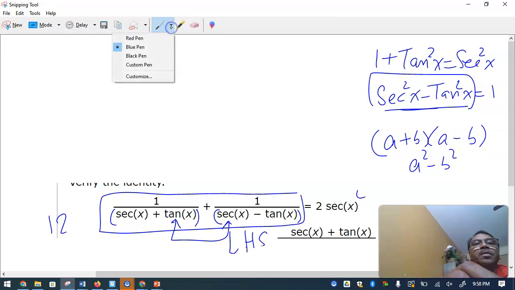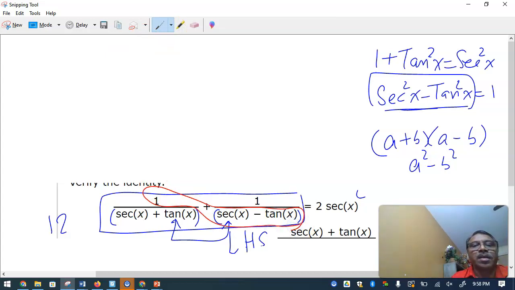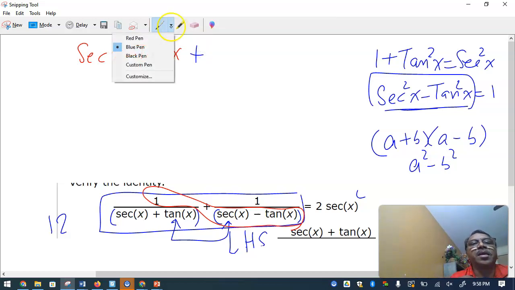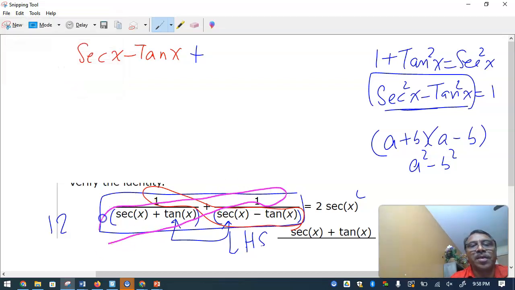So I'm going to use the cross product trick. So this part will multiply here, and so it's 1 times secant of x minus tan of x. Then plus, I'm going to use a different color now. This one and this will multiply together. You remember the cross product? So that's the secant of x.